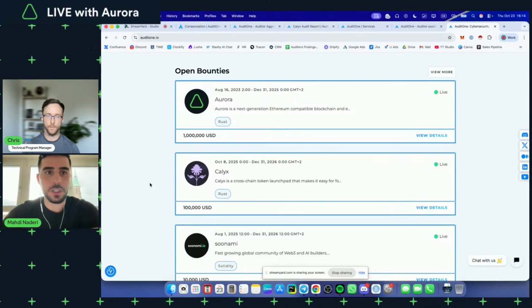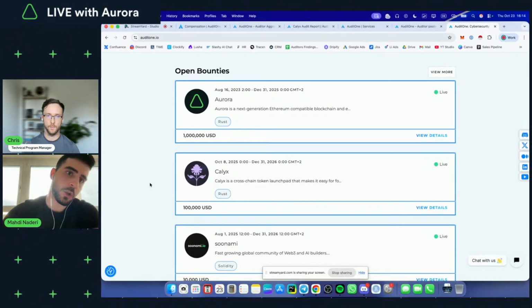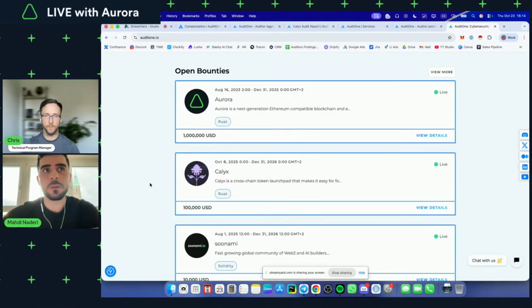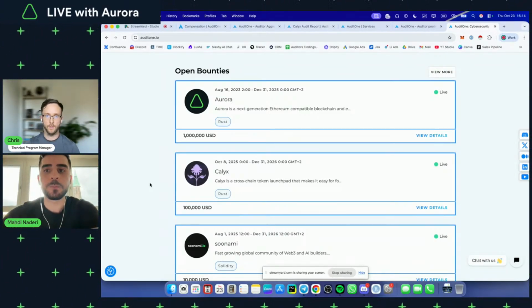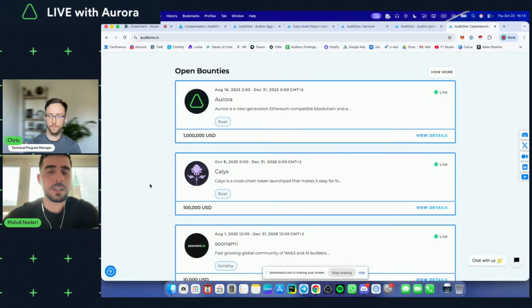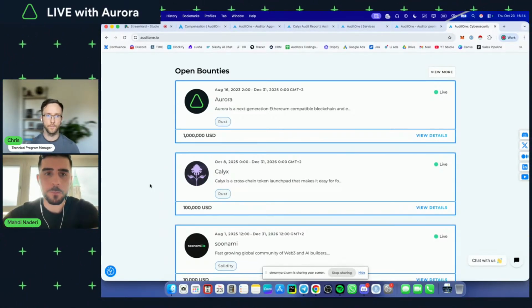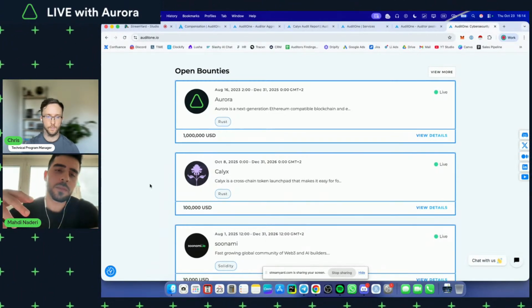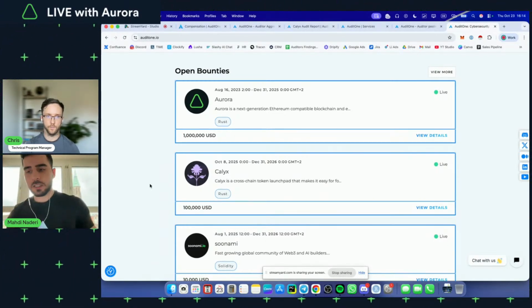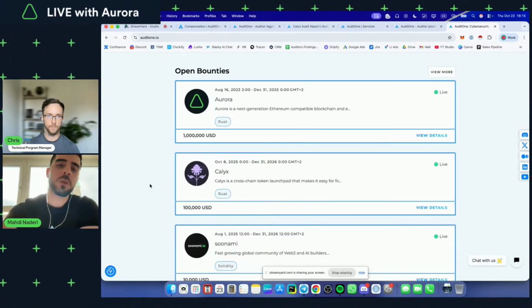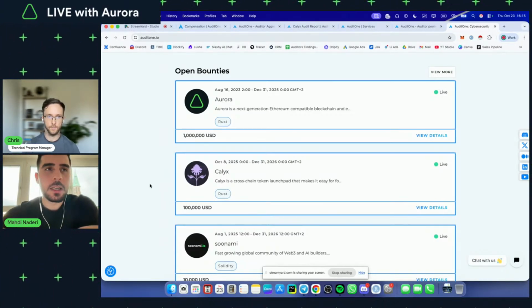If somebody is interested not only in an audit but also in a bug bounty, that could be a good fit for them. And we also have other things that go beyond auditing, such as on-chain security, where our team would be a guardian of the platform, and we would provide general on-chain security.